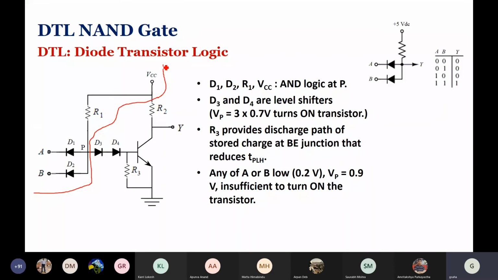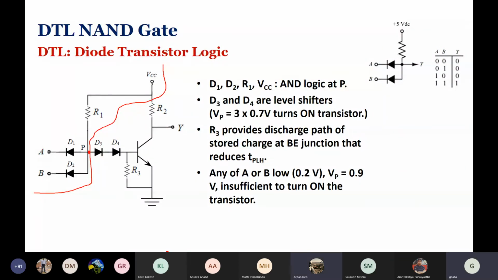We discussed this circuit, and we identified what logic appears here at the point P. Can somebody remember and tell? Why AND logic? You are correct. Why?